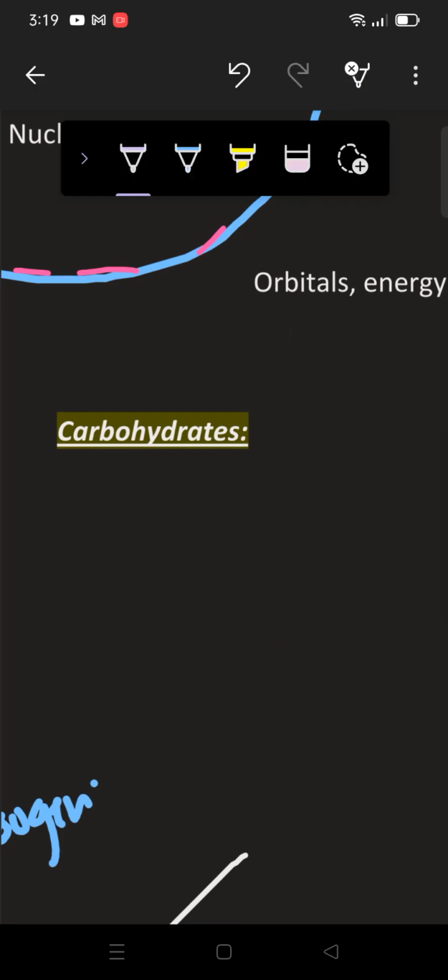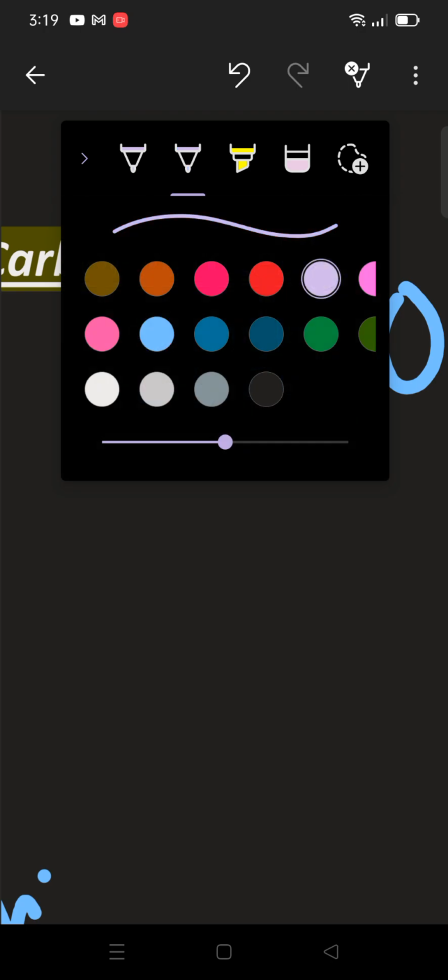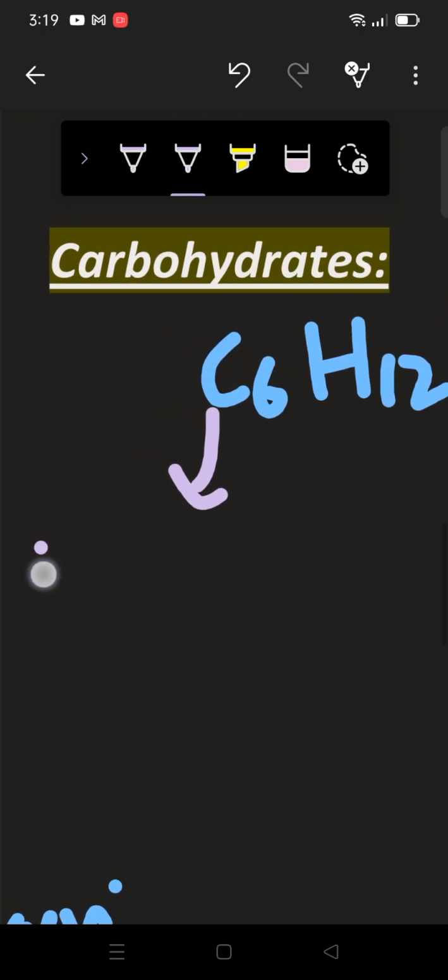So let's take a carbohydrate, for example, C6H12O6, which we know is the formula of glucose. Now see, carbon is a non-metal.